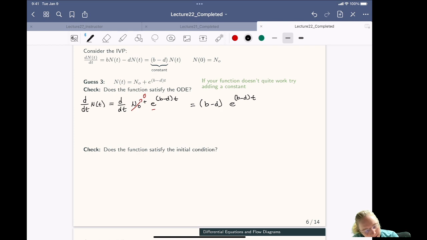All right, rewriting that, we have that this quantity here is equal to n of t minus n0, because if we subtract n0 from this, we get e to the b minus d t. So subbing that in, we have b minus d times n of t minus n0.